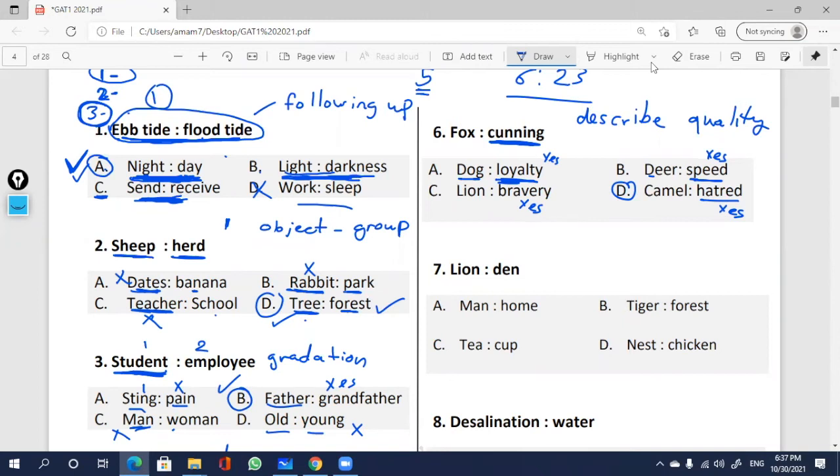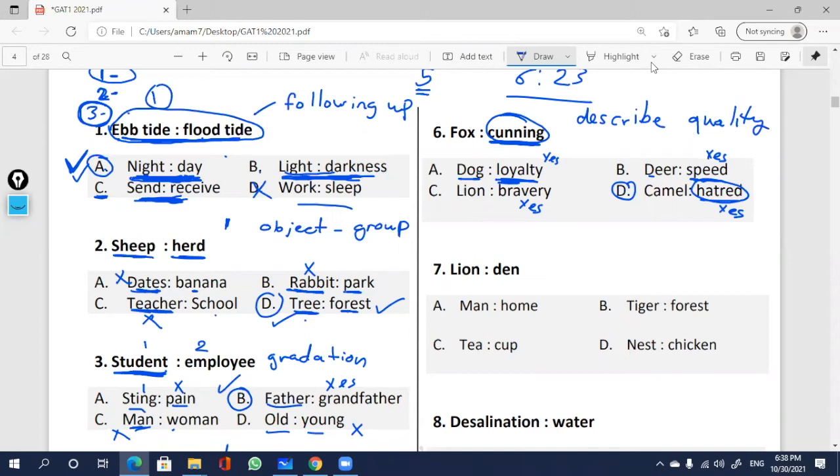I told you to move to the third step, which is to compare the choices and try to identify the similarities. Here we have cunning, it's not a good quality. Also hatred is not a good quality.